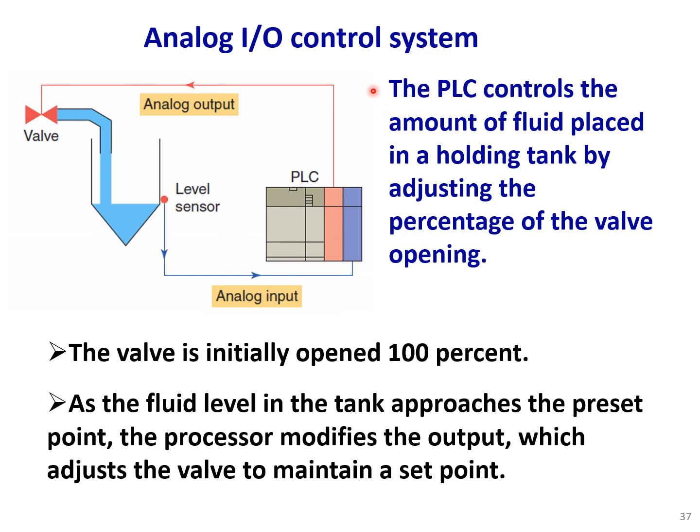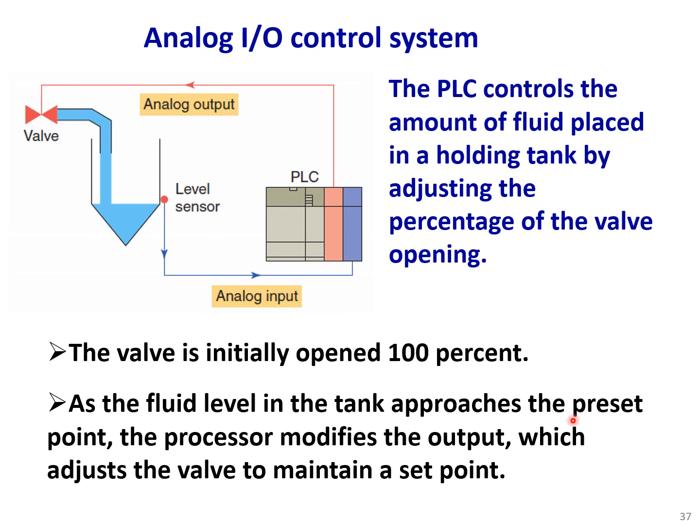The PLC controls the amount of fluid placed in a holding tank by adjusting the percentage of the valve opening. Okay, so we want to control the level of the tank, and we want to have control on this level from our PLC. The valve is initially open 100% as the fluid level in the tank approaches the preset point.